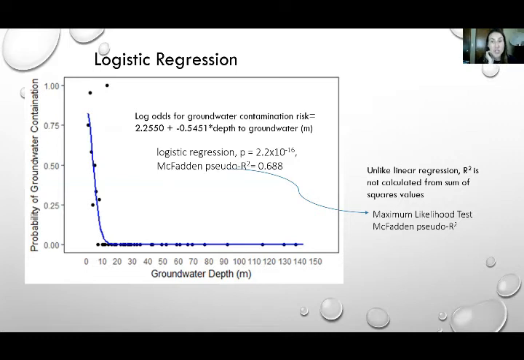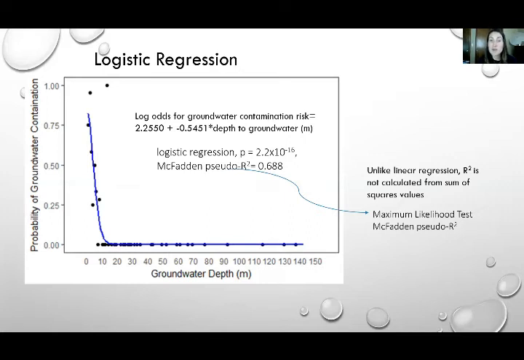So there's a major difference at this point comparing this to a linear regression. In a linear regression you would normally calculate an R-squared, and that is based off of the sum of squares, and it would tell you how well your regression line is predicting your data. Well, you can't do the same kind of thing in logistic regression because logistic regression is not utilizing this sum of squares.